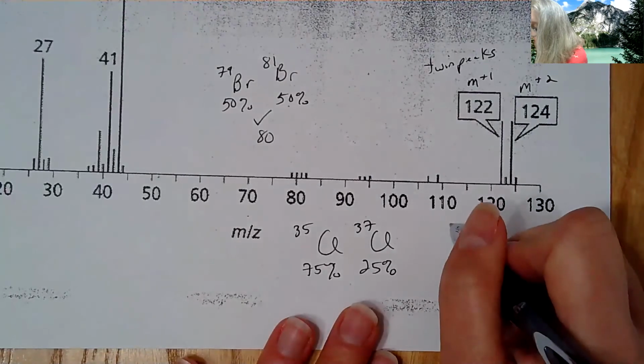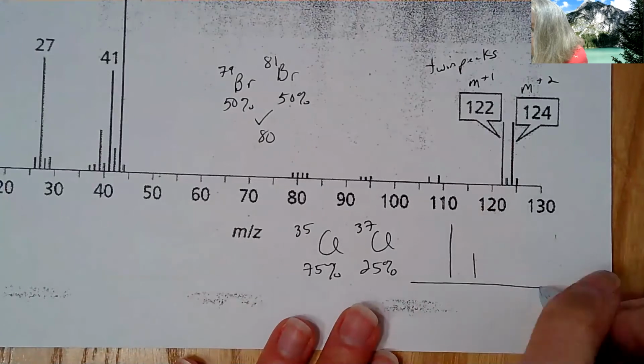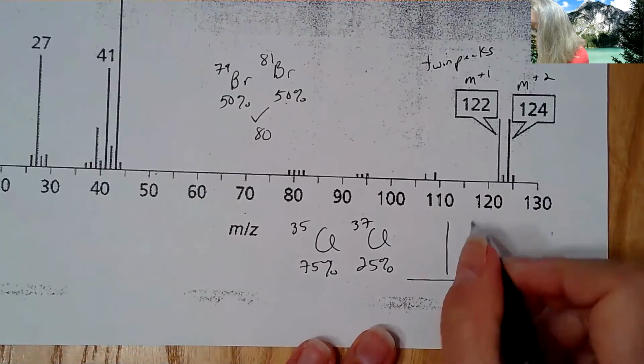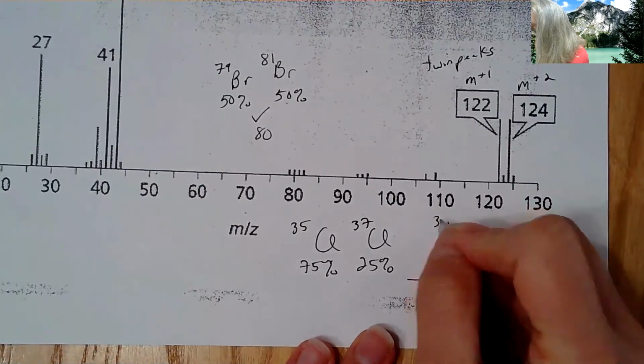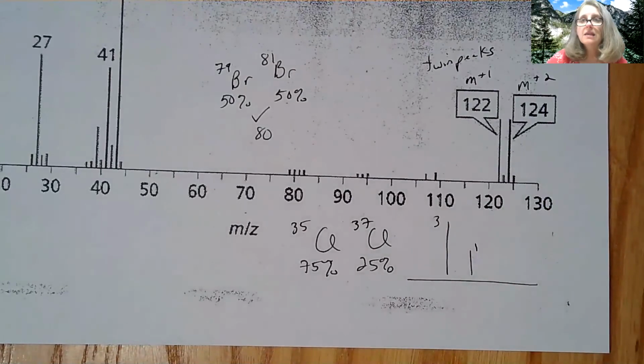Because they're in a 3-to-1 ratio, you would actually see the 2 peaks being 2 apart like you have here, but one would be 3 times the size of the other one. And that's an easy way for you to tell if you have chlorine in your molecule versus bromine. So it's kind of an interesting phenomenon that we will see.